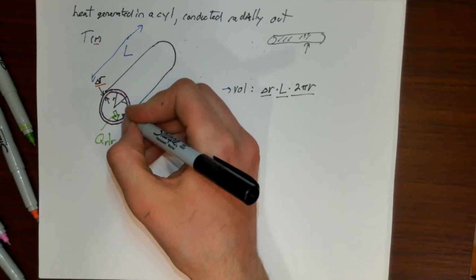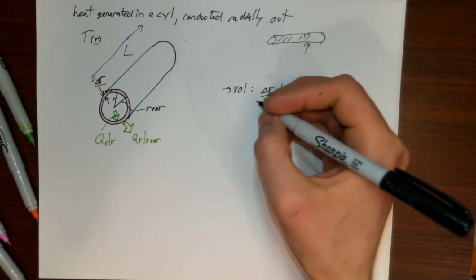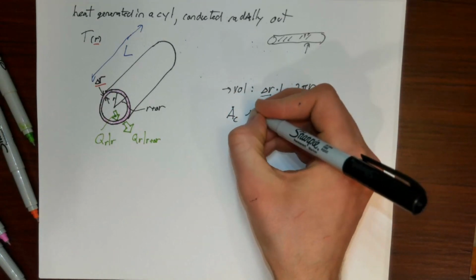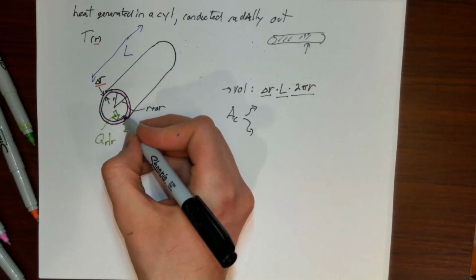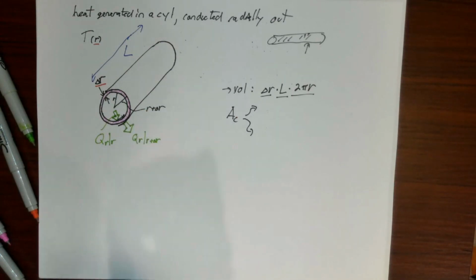But it's a little bit trickier for cross-sectional areas. We need to consider two different cross-sectional areas: the cross-sectional area of the inside face and the cross-sectional area of the outside face.